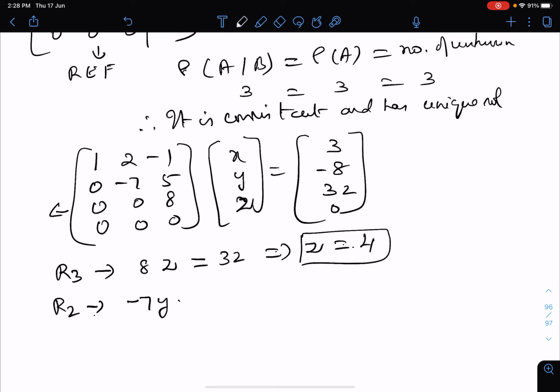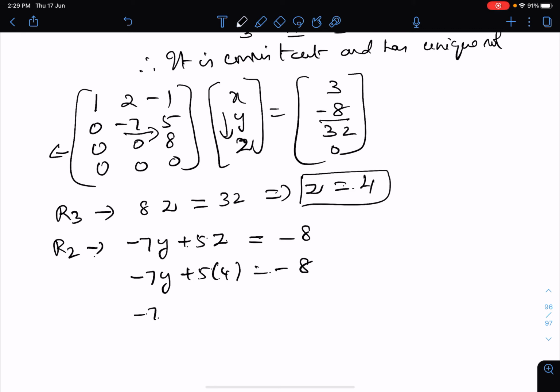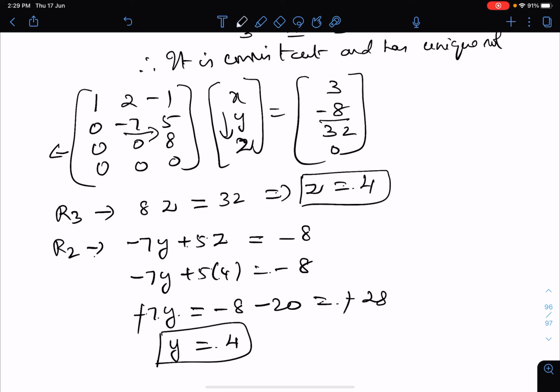So minus 7y plus 5Z, that is multiplying this row with this column, equal to minus 8. Substitute your value for Z: plus 5 into 4 equal to minus 8. Therefore minus 7y equal to minus 8 minus 20, that is equal to minus 28. Minus and minus get cancelled. Therefore y equal to 4, because 28 by 7 gives you 4.